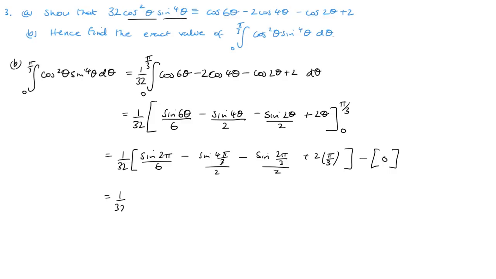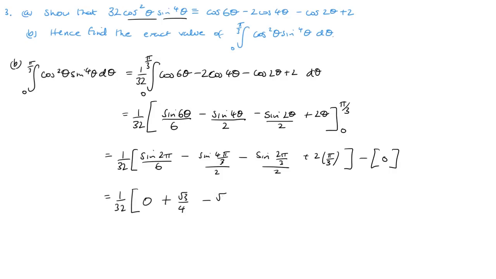So 1 over 32. Now sine of 2 pi is 0. Now sine of 4 pi by 3 is negative root 3 over 2. Divide by 2. So this, and it's already a negative, so it's going to become a positive root 3 over 4.